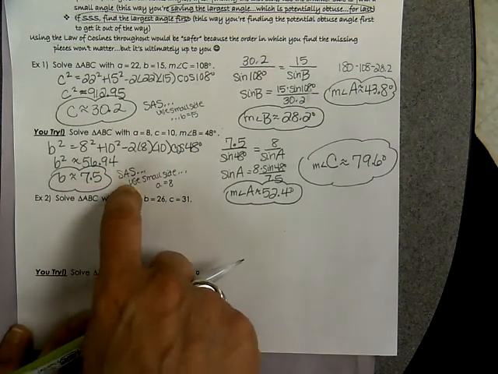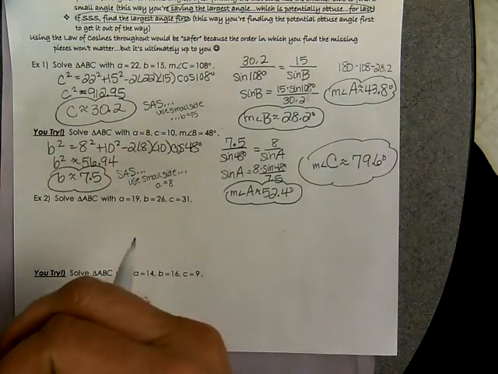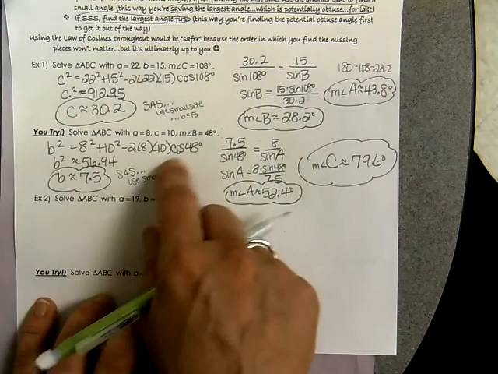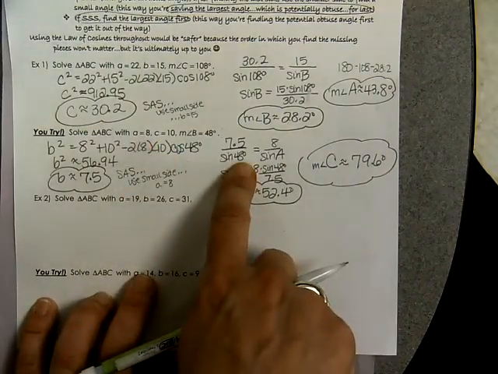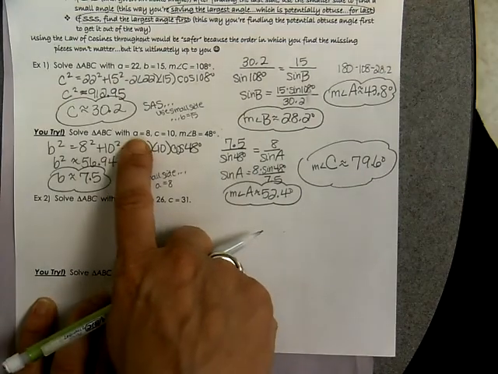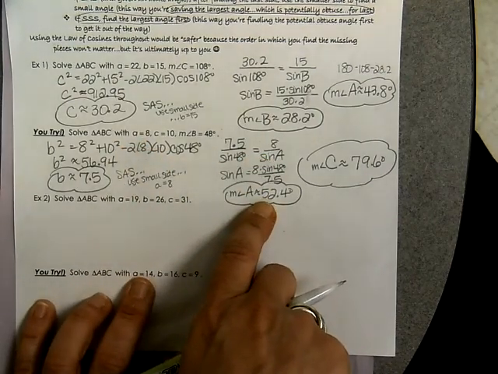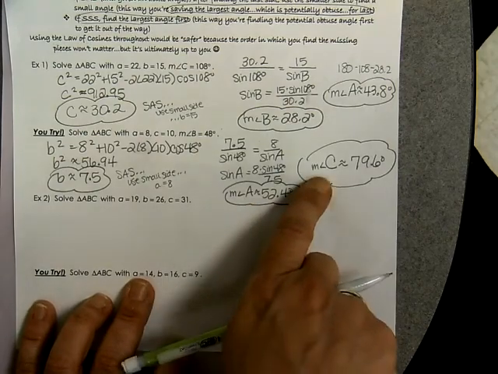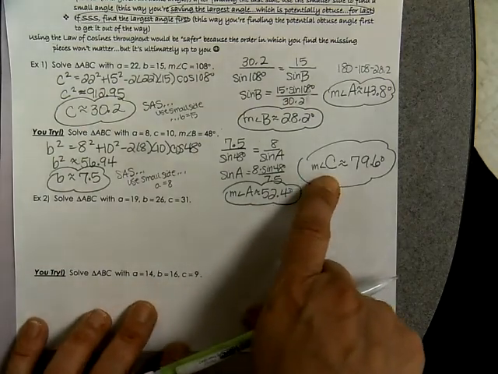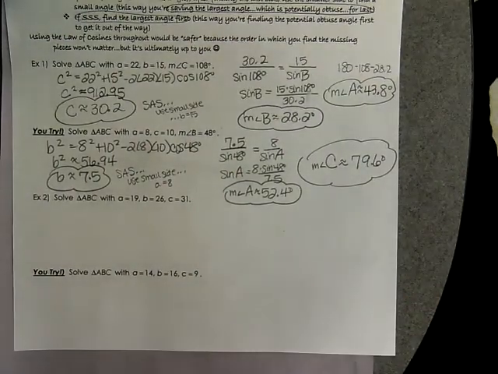But if you're going to use the law of sines, make sure that we're definitely not trying to find an obtuse angle, so we use a small side so that in the law of sines there's no potential obtuse angles. So we'll use 8. And we find that the measure of angle A is 52.4 degrees, and then the measure of angle C is 79.6 degrees, okay?